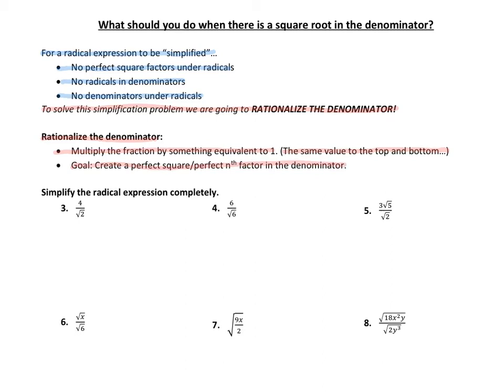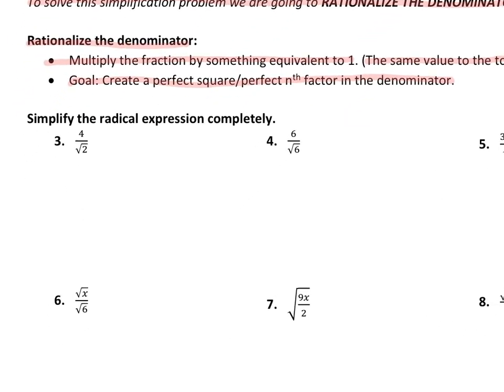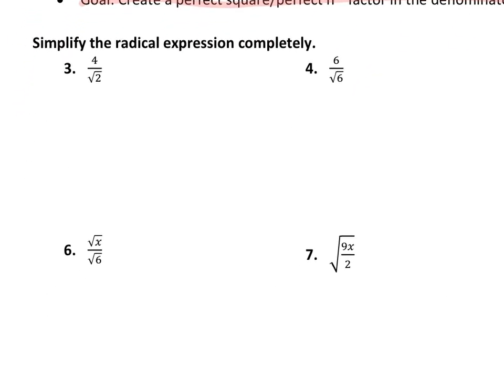So let's put this into action in number 3. Zooming in a little bit, we have 4 over square root of 2. Now, I want to multiply the bottom by the square root of something that's going to give me a perfect square in the denominator. So what are my perfect squares? Let's review that.